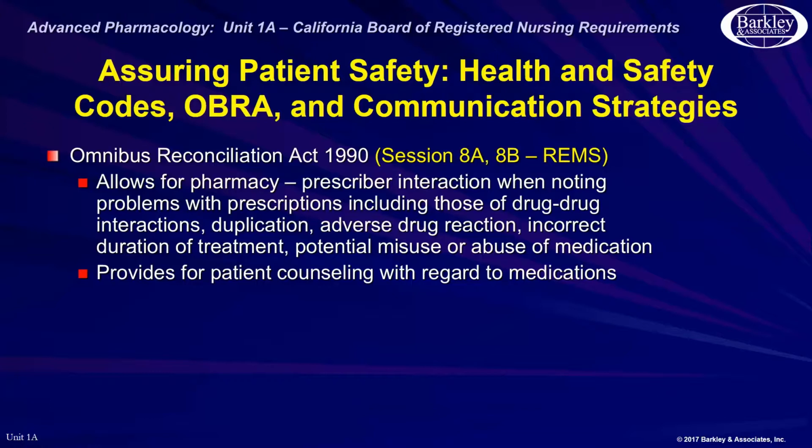Are there any adverse drug reactions they need to be aware of, side effects, anything like that? What is the duration of treatment, etc. But also that prescribers need to be aware of any other high risks with respect to medications through drug manufacturers. And that's what risk evaluation mitigation strategies are all about.